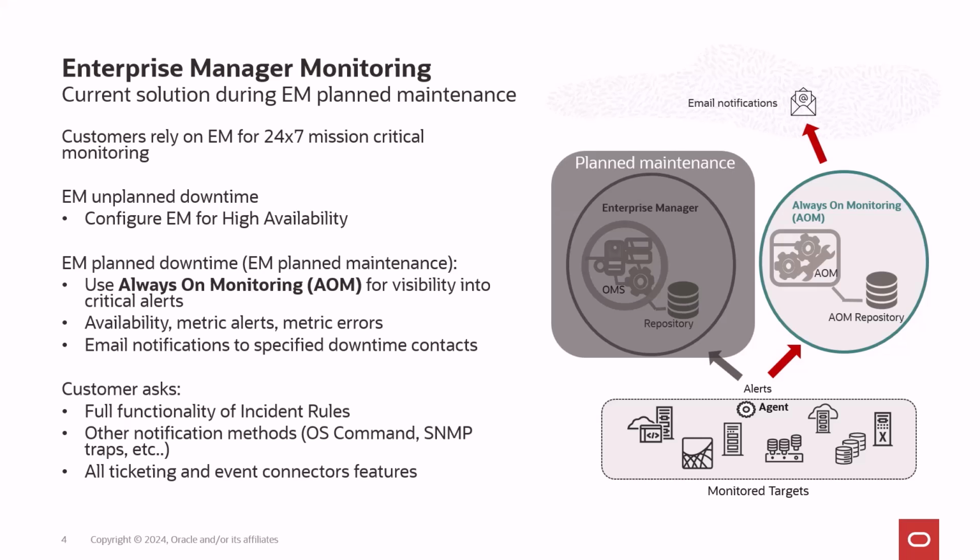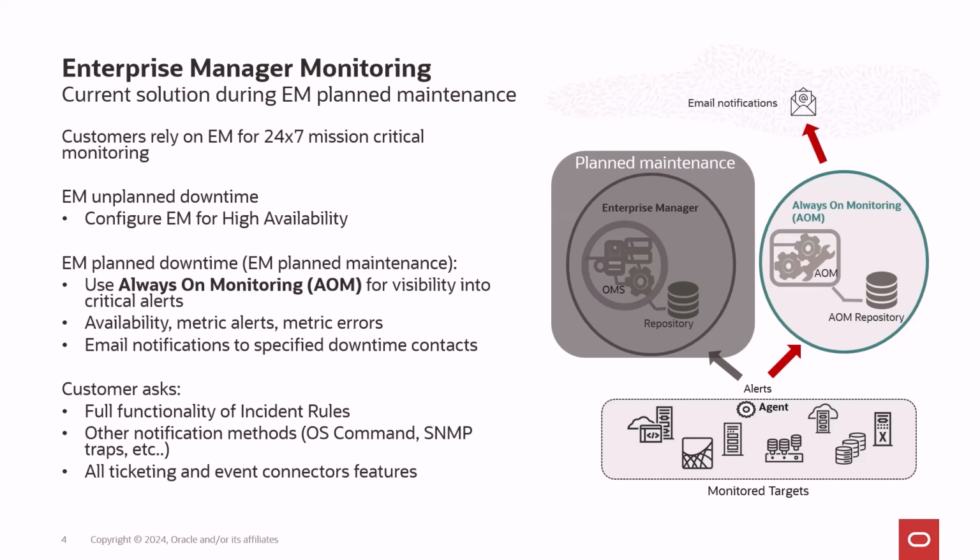Many of our customers rely on Enterprise Manager for 24/7 monitoring of their mission critical systems, including databases, application servers, and applications. You can configure Enterprise Manager for high availability to ensure monitoring continuity in case there is an unplanned downtime event.